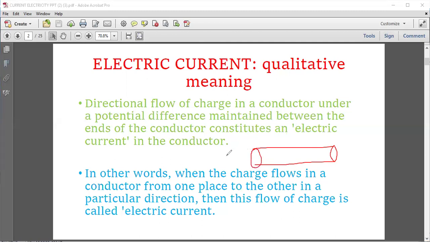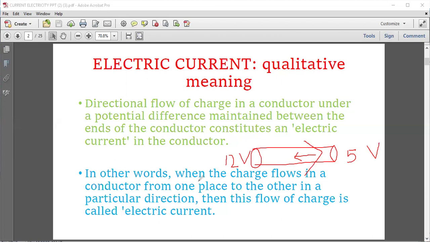Suppose this indicate 12 volt. It's clear. And this is at 5 volt. Then what will happen? जितने भी free electrons हैं, they will start moving in this direction. And current will be produced opposite to that.